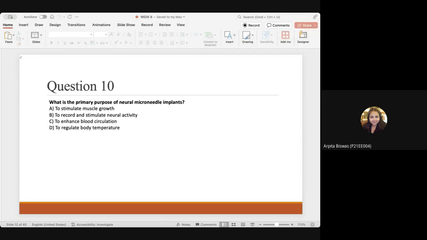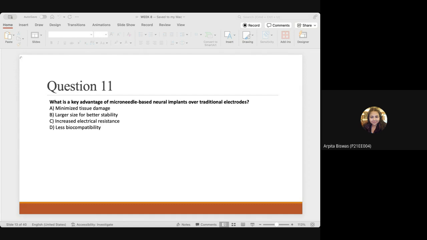Next, question number 11: what is the key advantage of a microneedle-based neural implant over traditional electrodes? First option, minimize tissue damage. Second option is a larger size for better stability. Option C is increased electrical resistance, and option D is less biocompatibility. Please try to find the right option.